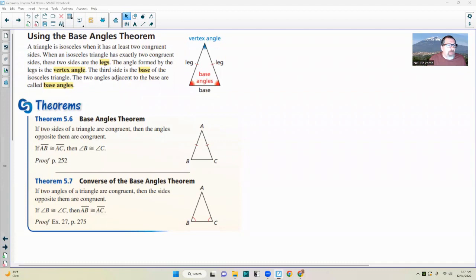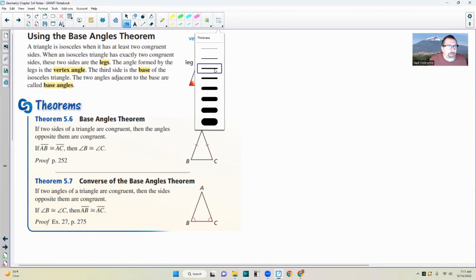Okay, so using the base angles theorem, a triangle is isosceles when it has at least two congruent sides. A review from 5.3: when an isosceles triangle has exactly two congruent sides, they're talking about this leg here and this leg here. This side's congruent to this side.